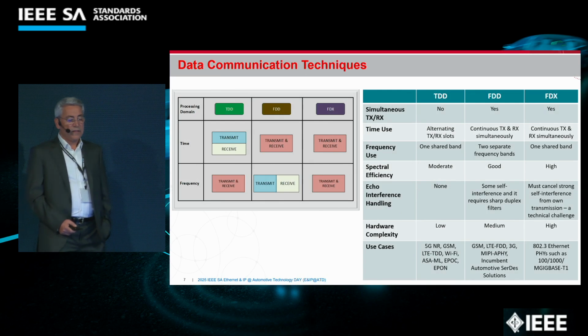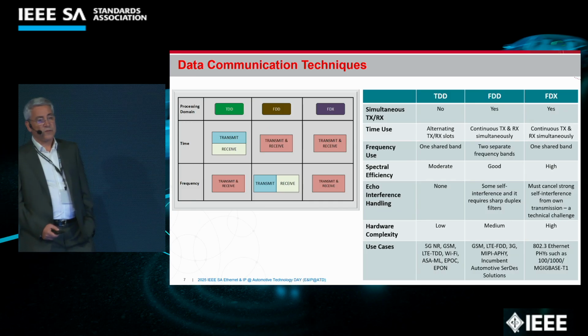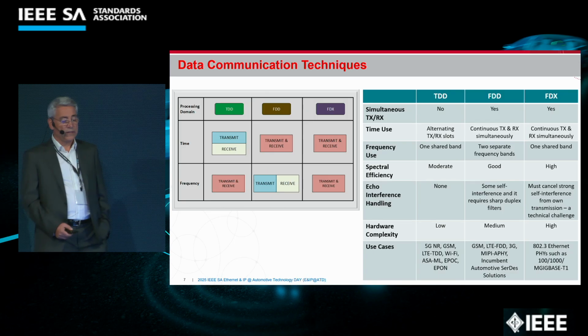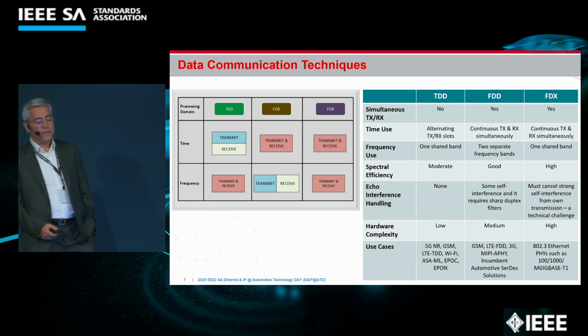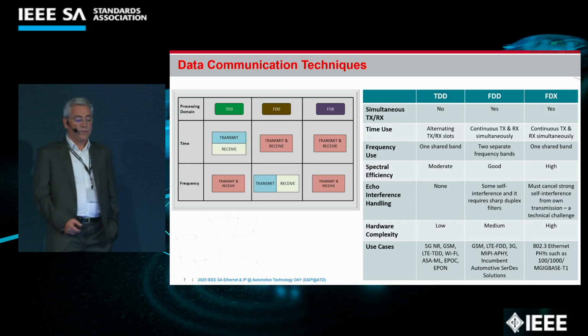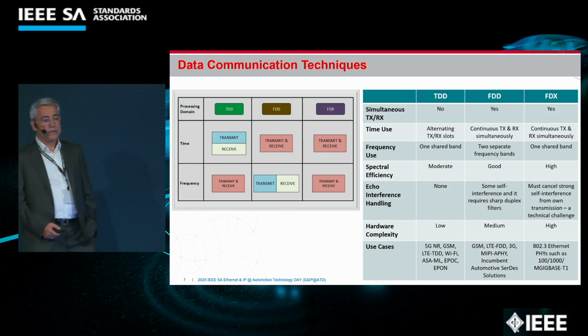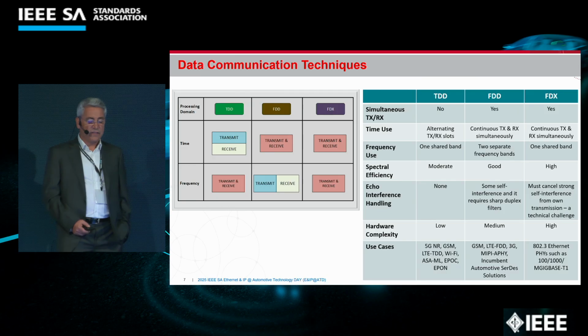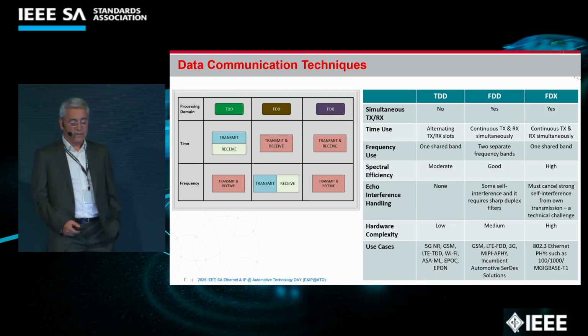Now, let's take a look at some of the data communication techniques proposed for asymmetric PHY solutions today. So the classical approaches are TDD, FDD, or full duplex. These are widely used for different applications, such as cellular and wireless, but also recently, ASA Motion Link adopted TDD for its duplexing technique.